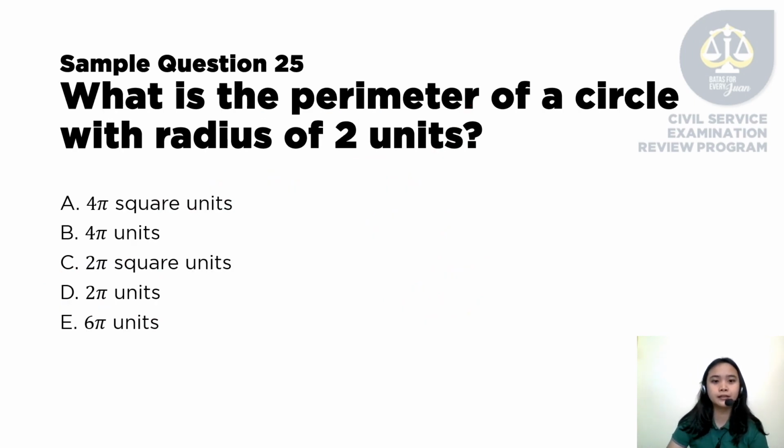So, proceed tayo sa next question natin. What is the perimeter of a circle with radius of 2 units? So, yung perimeter of a circle, minsan, ito yung tinatawag nating circumference.